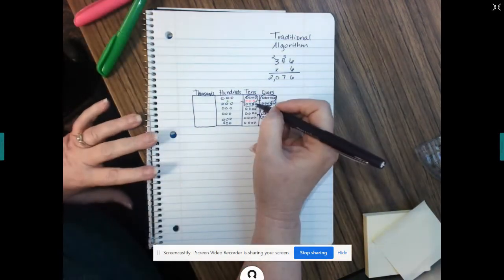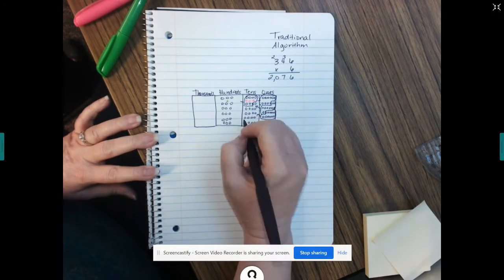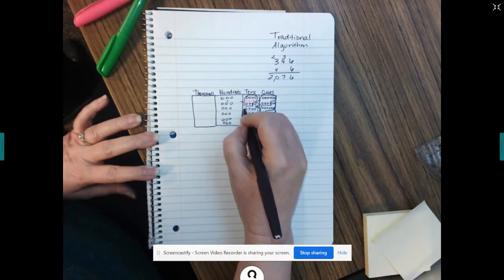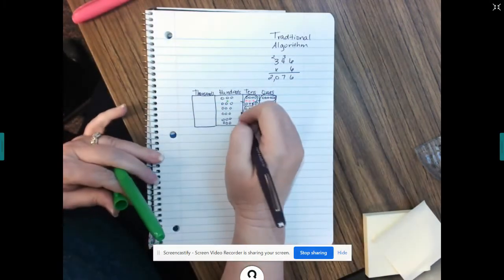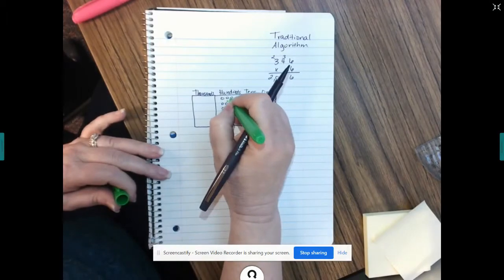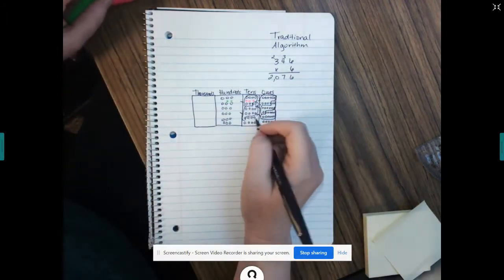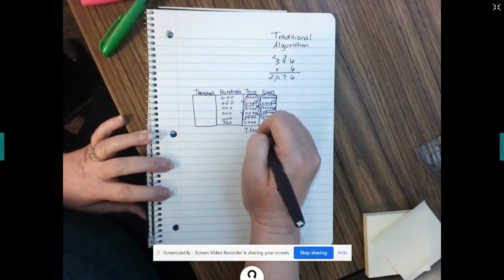Then I have this one, and 4 is 5, 9, and 10. Okay, and so I'm going to regroup those here. And then I have these 3 and these 4 left, and so I have 7 tens.